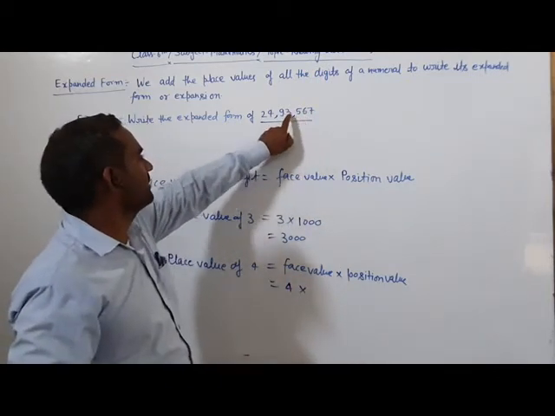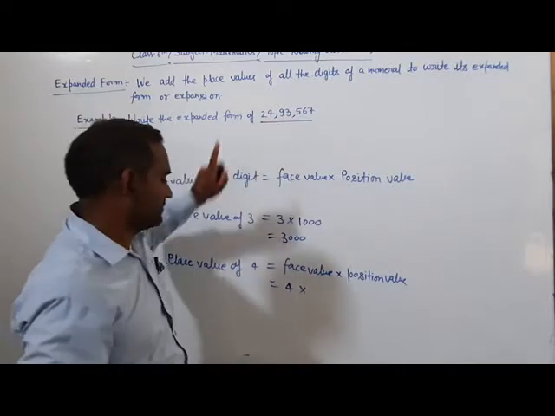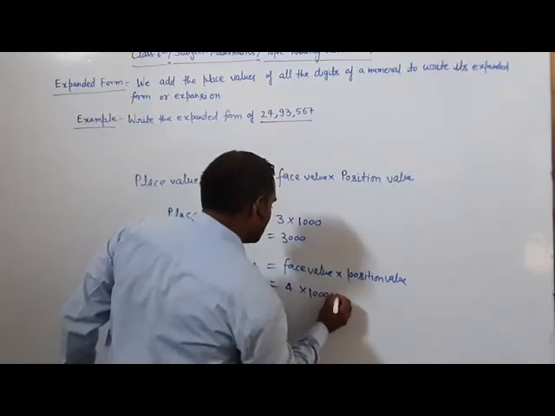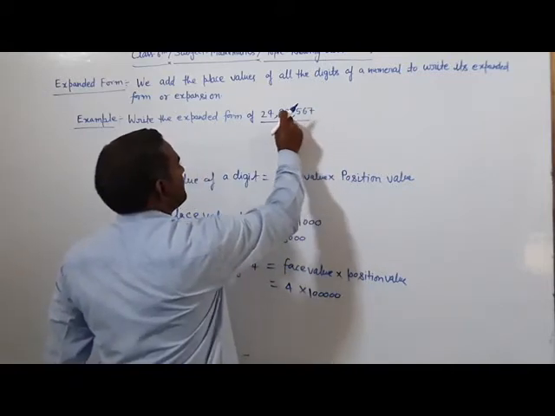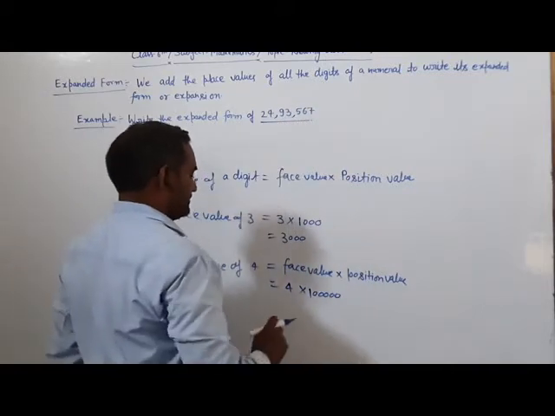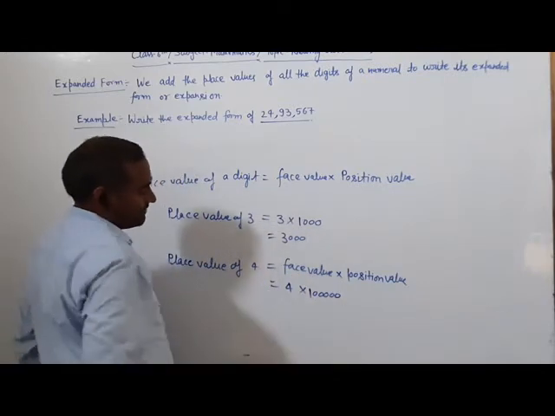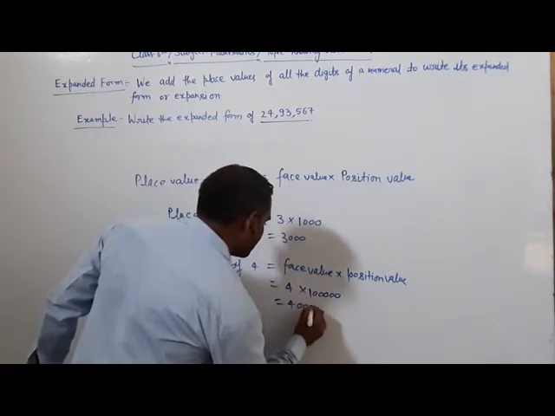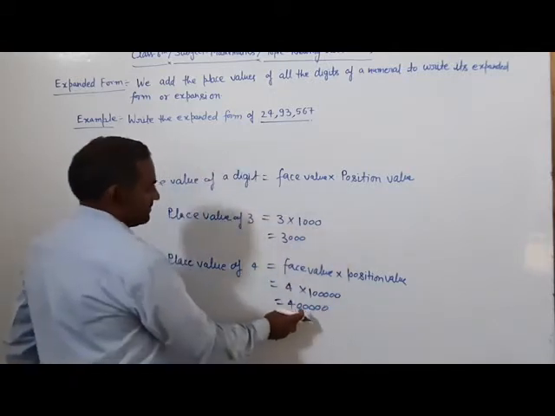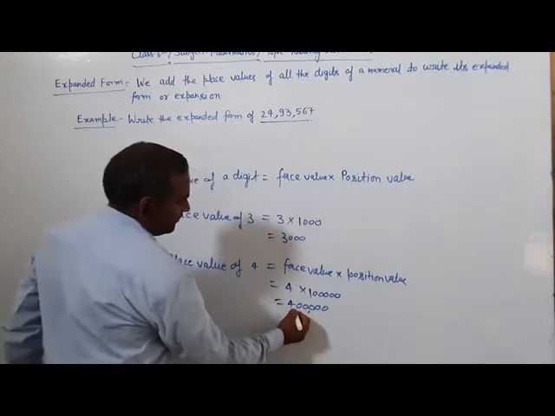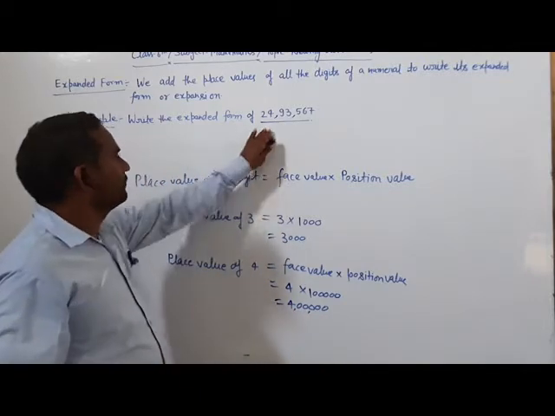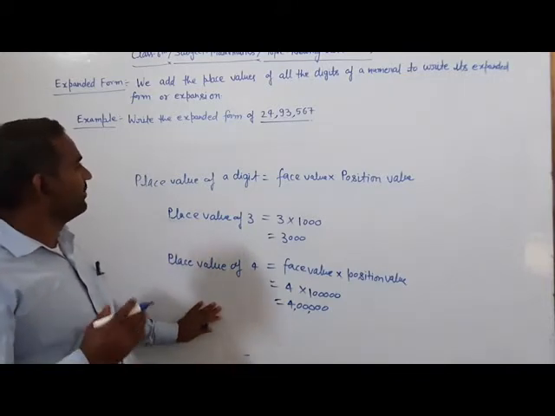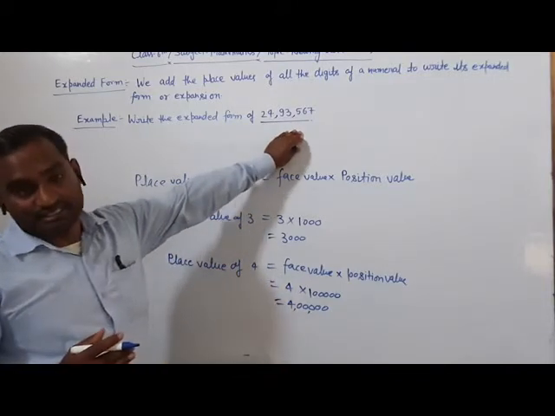Ones, tens, hundred, thousand, 10,000, lakh. So 1 lakh. So multiply 4 by 1 lakh, 4 lakh. So this is the place value of 4. In this way, you have to find the place value of the digits.